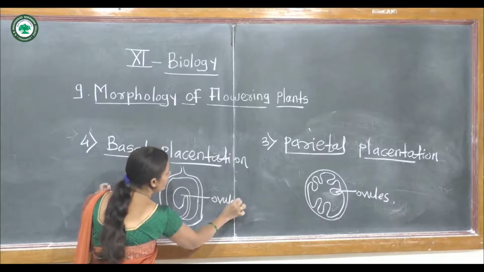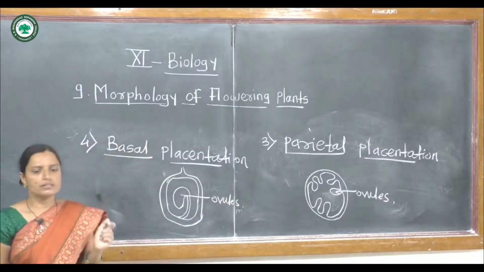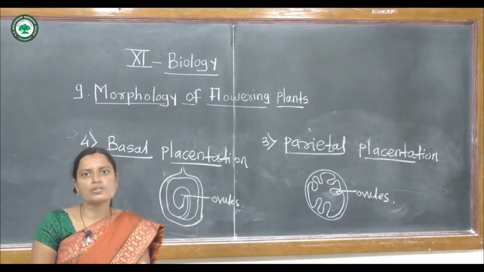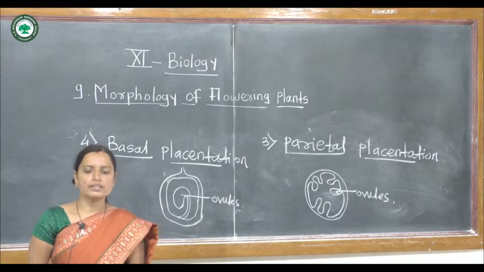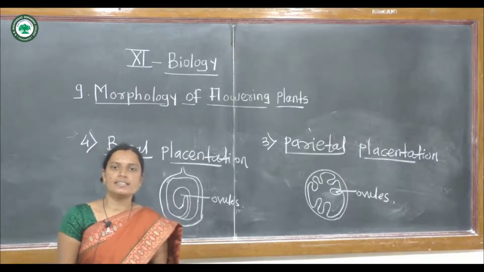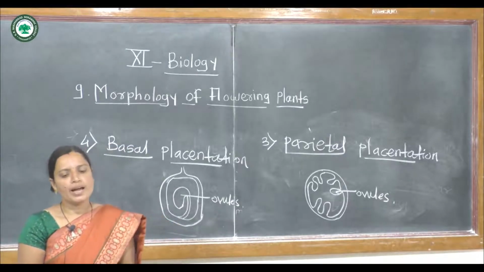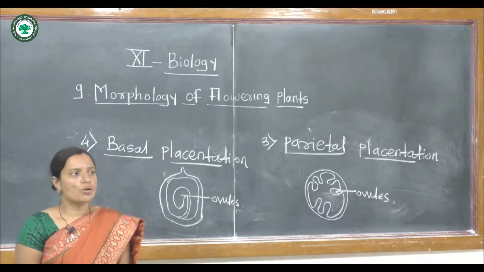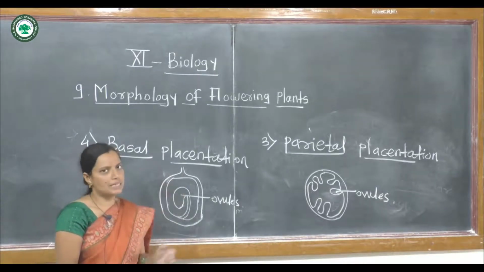The ovule is single, and there is only one unilocular ovary with a single locule. A single ovule is present inside the unilocular ovary, and this type of arrangement is called basal placentation.